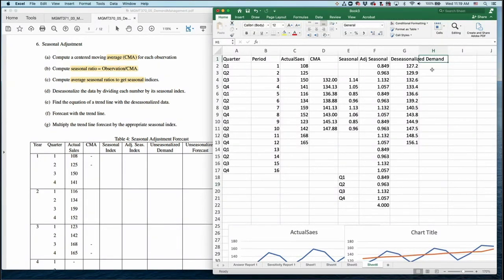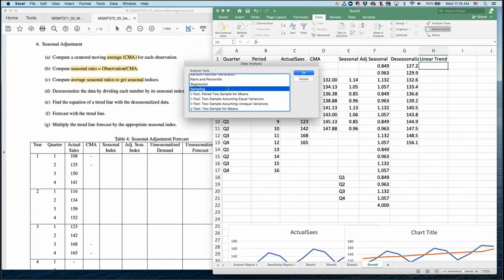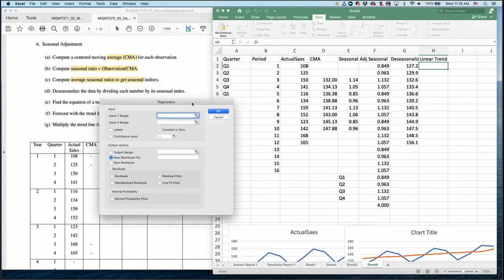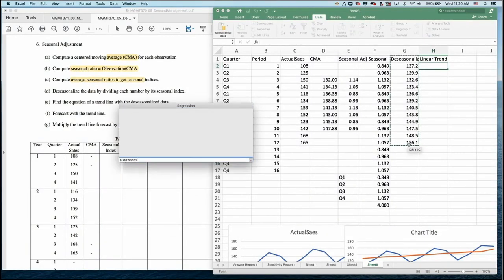To get the linear trend, we can use linear regression. To use linear regression, you can use Data Analysis, and from here you can click Regression, and then click OK. And here, what is Y? Y is your deseasonalized data, and X is your period information, but you have to use exactly the same period range.